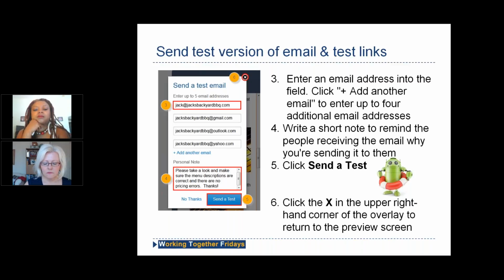Number 4, if you're sending it to other people besides yourself, put in a note because they're going to need to know, why are you sending this to me and what do you want me to do with it? So give them some instruction. And then 5, send a test, and that's going to send to all the addresses you've entered. And then to get out of that, you're going to click the X in the upper right-hand corner of that screen.